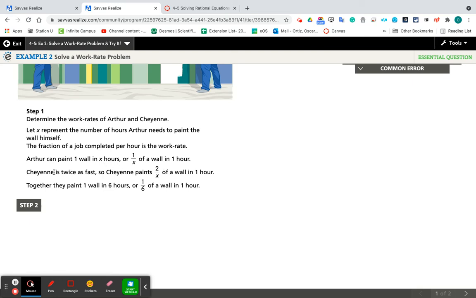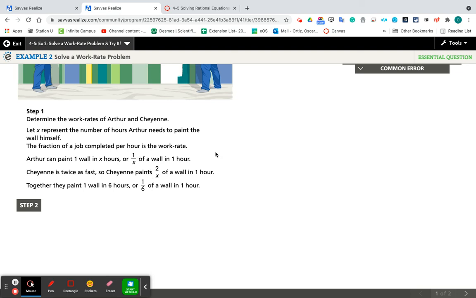And with Cheyenne, knowing that she is twice as fast, it's whatever this part is times 2, which is 2 over x. So that is the fraction that she can paint in the same time. And because we're talking about the same unit of time, when we add them together, we get 1/6.